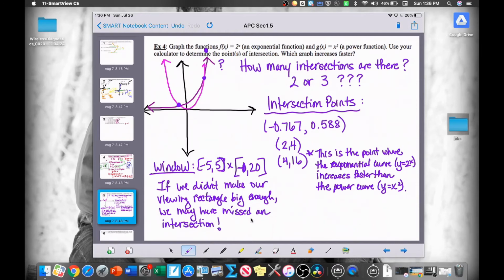Okay, so always be mindful of that when you're using your graphing calculator to determine intersections of two functions. Make sure that you are looking at a big enough picture and finding all of them.